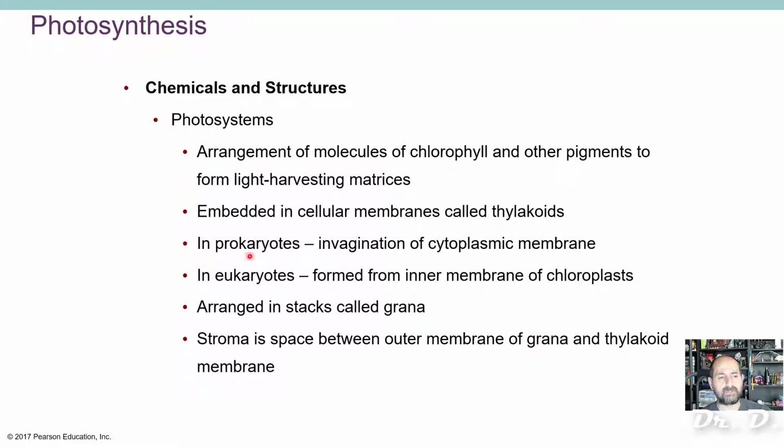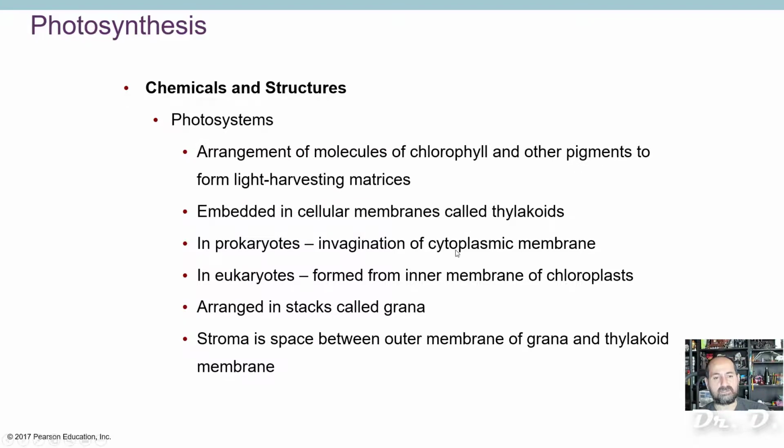But in prokaryotes, again, they do not possess chloroplasts, so the place where photosynthesis happens is actually an invagination of the cytoplasmic membrane. That means that the membrane, the cytoplasmic membrane, or the plasma membrane of the cell, actually folds inwards to form grana-like structures inside of the cell.